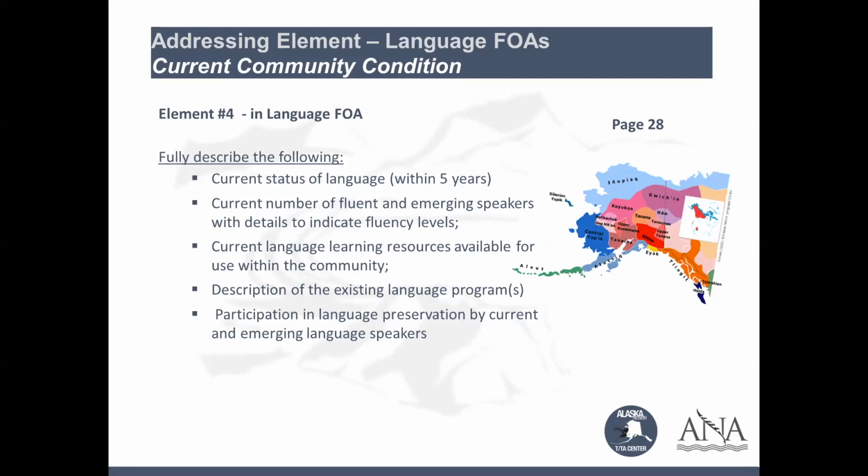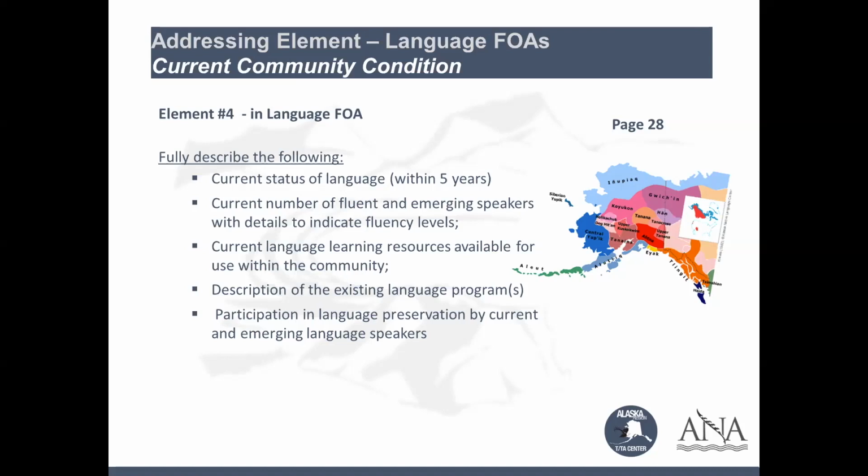The criteria here is that you'll need to describe the current status of the language within 5 years, a current number of fluent and emergent speakers, and you want to talk about their fluency levels. What are the current language resources that are available?